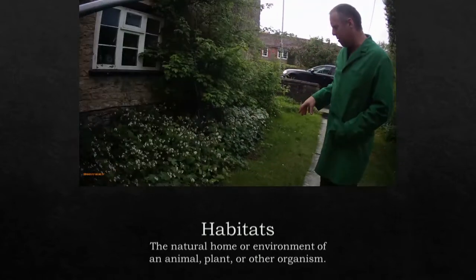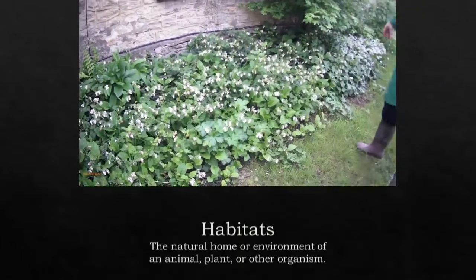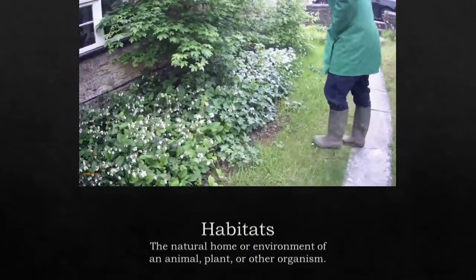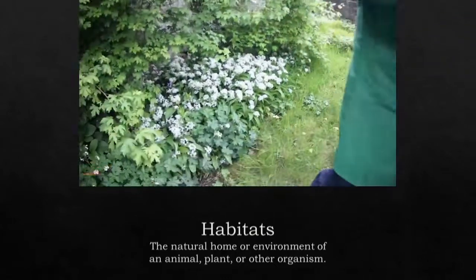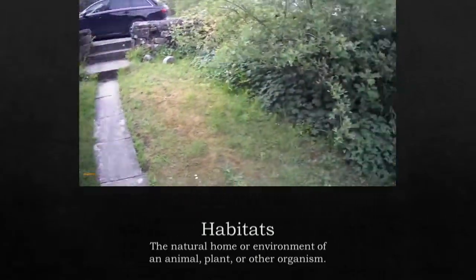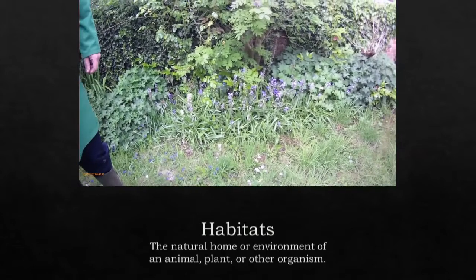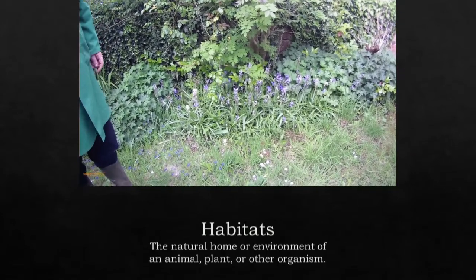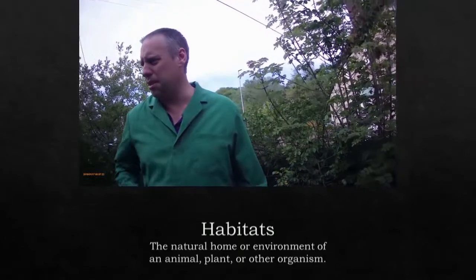We've got the honeysuckle looking particularly nice at the moment. We've got some wild garlic over here, which smells delicious. And here we've got some bluebells, some snowdrops, all of the different flowers that like shade. So the habitat here in the front of the garden is perfect for these different species.